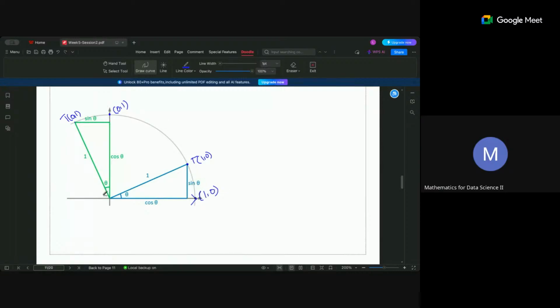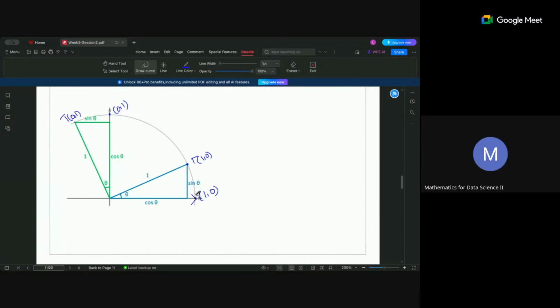Now, why is this cos and sine? Can anyone tell? You don't have to think of it as a projection, and I'm not going to that extent.